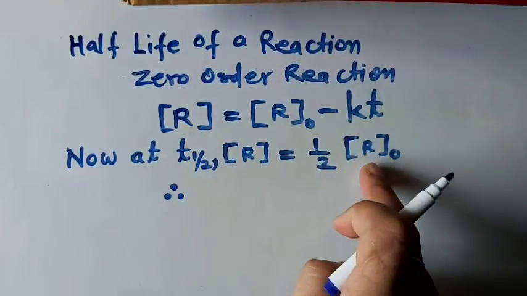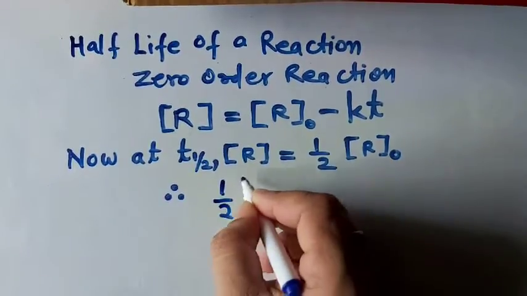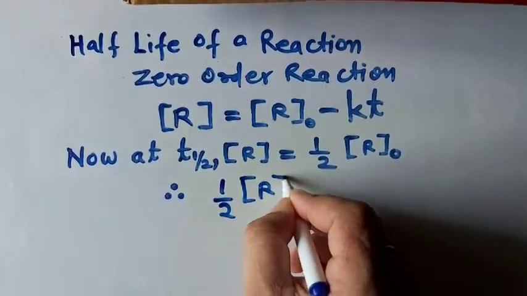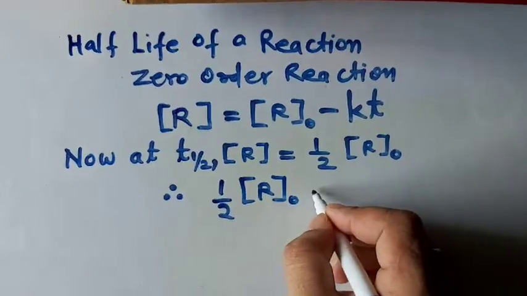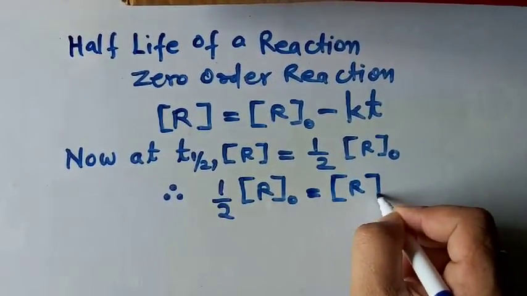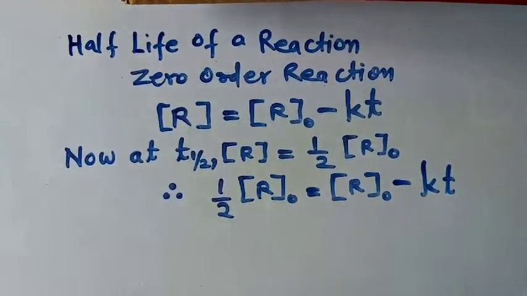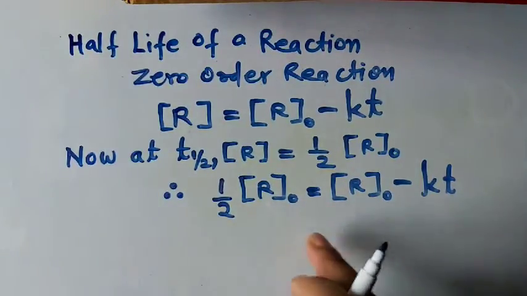In this equation we are going to put this value. This will be half R is equal to R naught minus KT. Now the position will be changed.